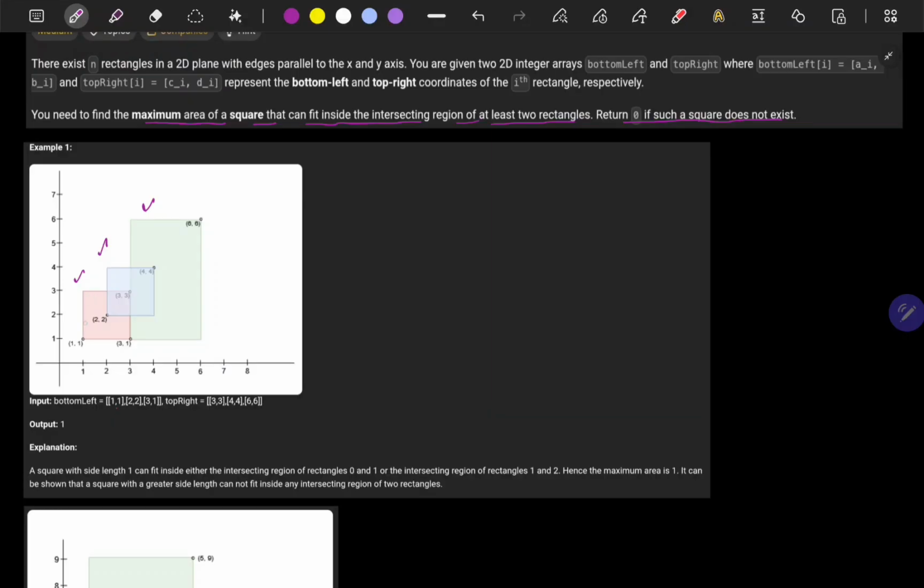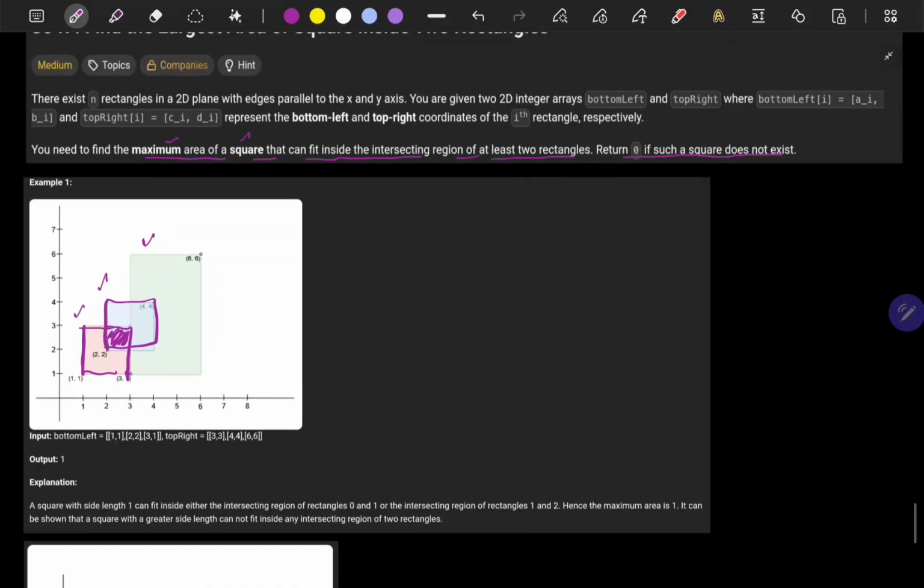In the case of this rectangle and this rectangle, they have this as an overlapping region. We need to find the maximum area of a square that can fit inside this overlapping region.